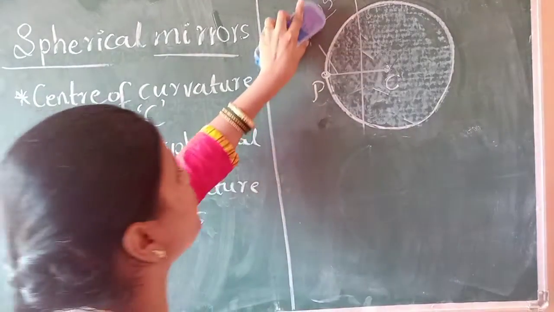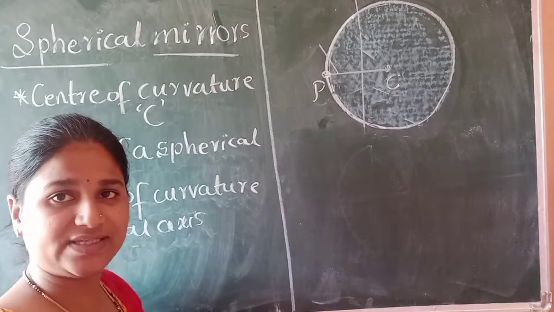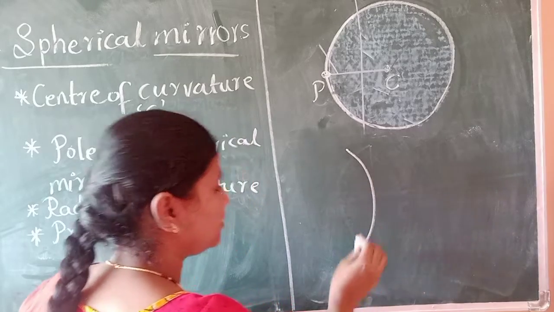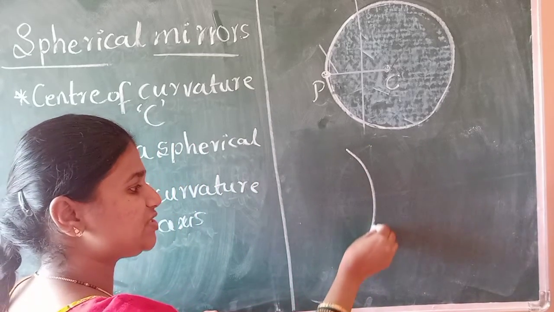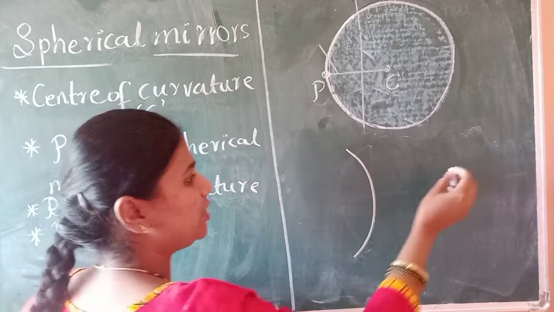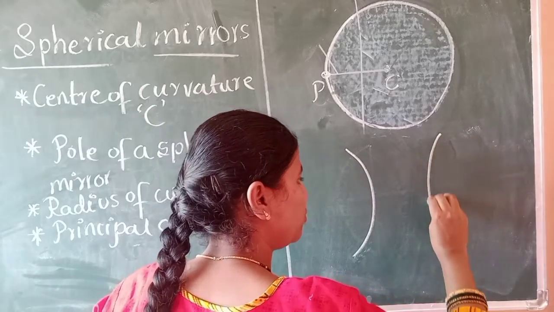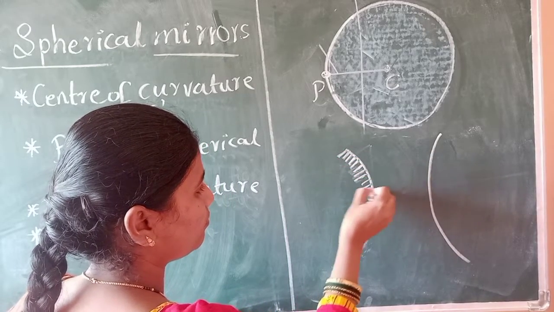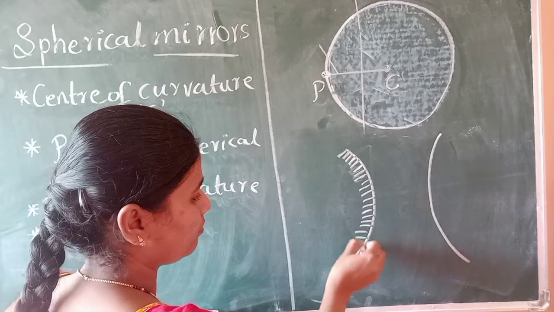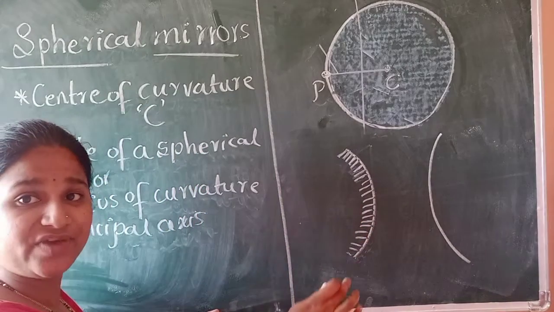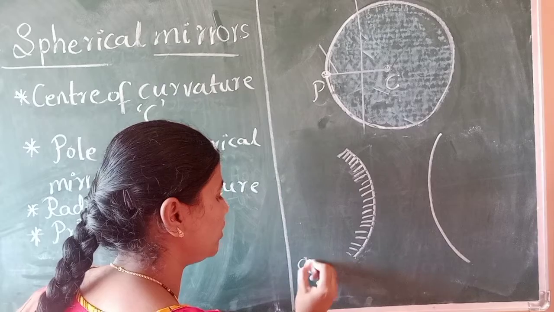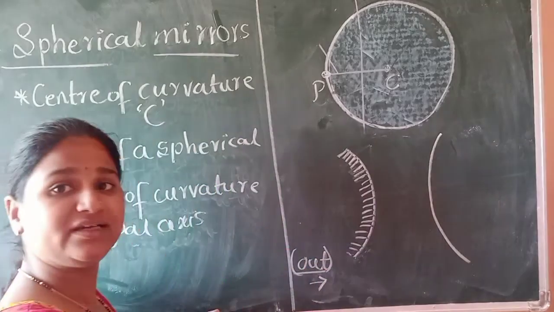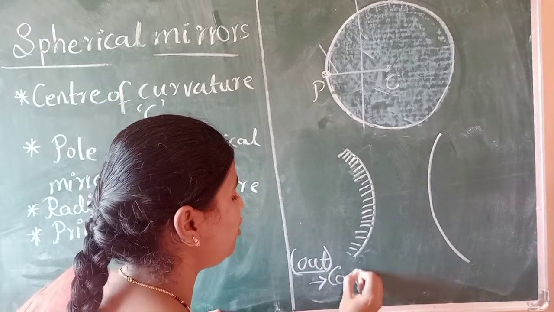When we consider spherical surfaces, sometimes the well polished surface will be bent outwards and sometimes it is bent inwards. When the spherical surface of a mirror is bent outwards, then that spherical mirror is considered a convex mirror.